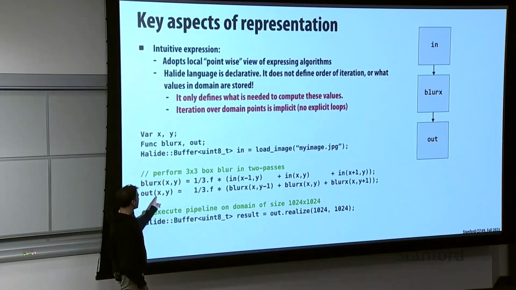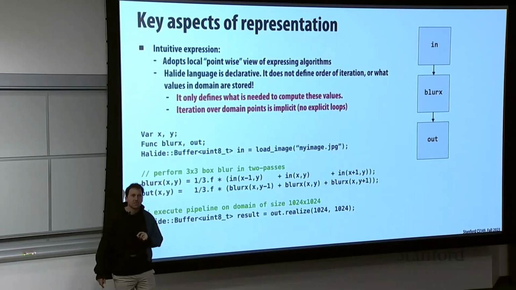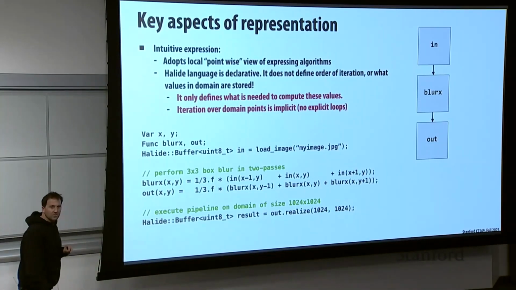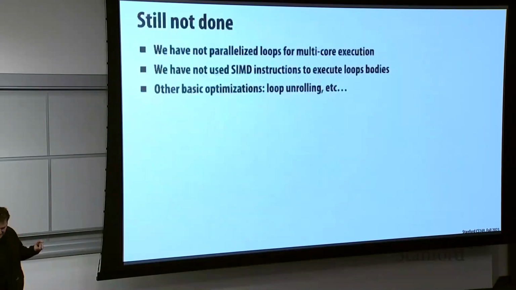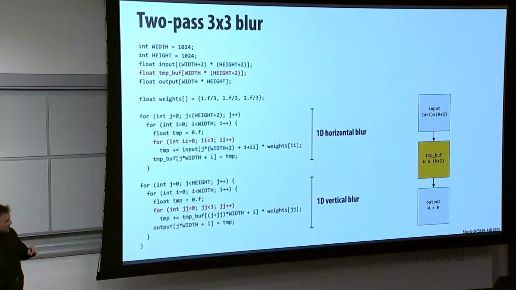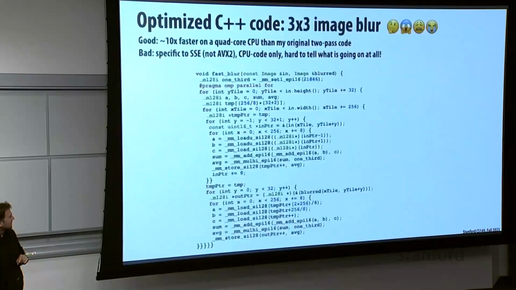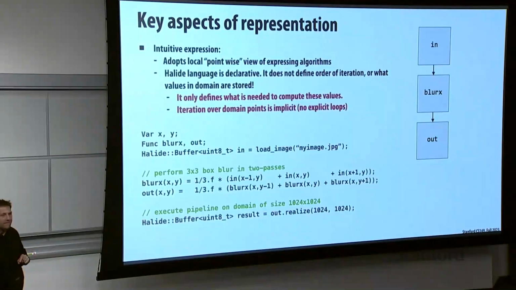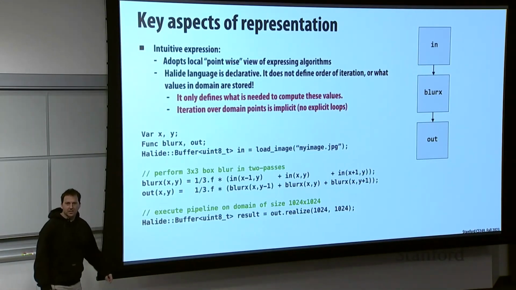And then I have out xy, which comes from the average of these 3 vertically oriented pixels in blur x. So my entire C code, which, if we go back, this algorithm in C looked like this, in Halide looks like that. So it just follows the mathematical formulation of it.